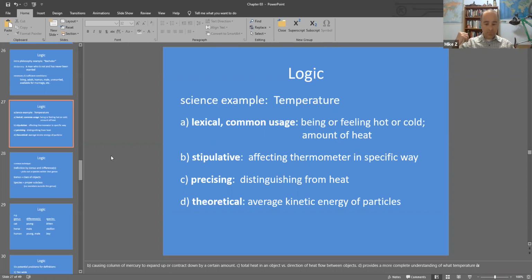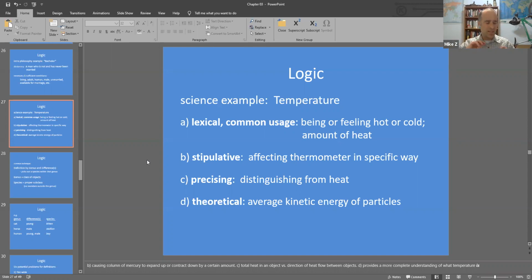So if we were to provide instead a stipulative definition of temperature, which, if you look back at the history of the scientific study of temperature and heat and so on, was a definition that has been used. The definition of temperature involves affecting a thermometer in a specific way, like causing a column of mercury to rise or fall by a certain amount.